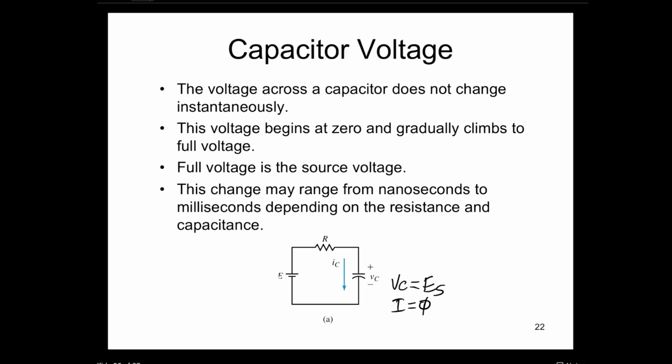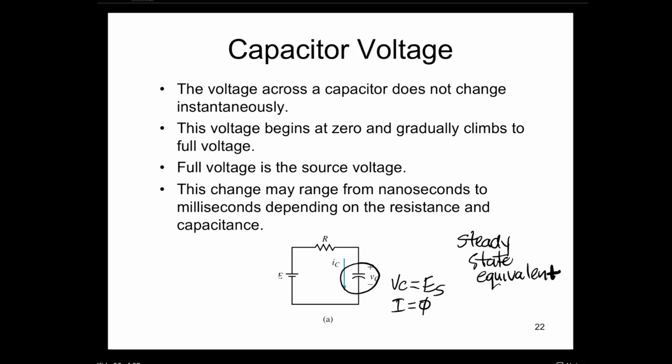Now, that means that when a capacitor reaches its steady state value, which is its charge value, there's going to be the equivalent of the source voltage across it and no current through it. That's the steady state equivalent of what?